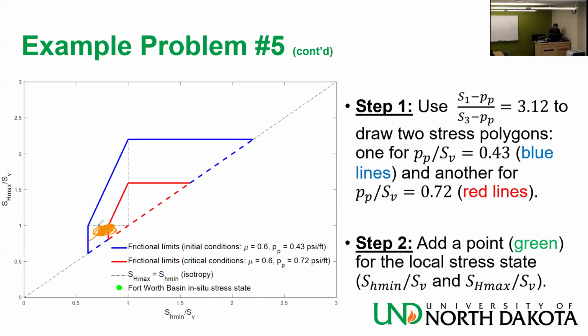If the green dot was exactly on the polygon, touching at one point, I would be saying I'm at critical conditions. That means I'm just about to slip. Not there yet, but just about to slip.